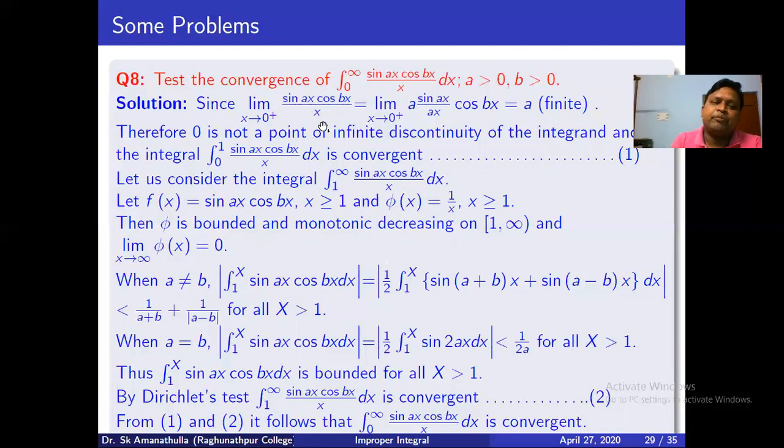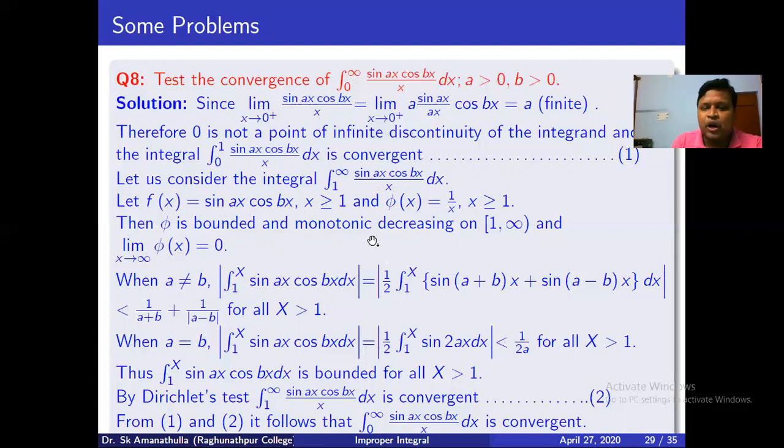We know that every proper integral is convergent. Here we can take 0 to 2, 0 to 3, etc., any real number greater than 0 as upper limit. Now let us consider the improper integral from 1 to infinity of sin ax cos bx by x dx. Let f(x) equal to sin ax cos bx and phi(x) equal to 1 by x.